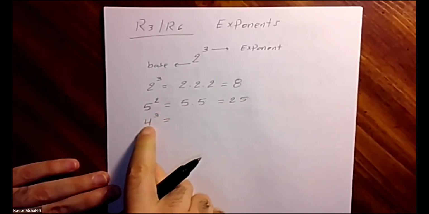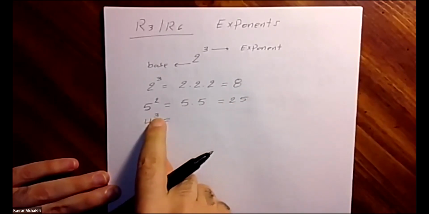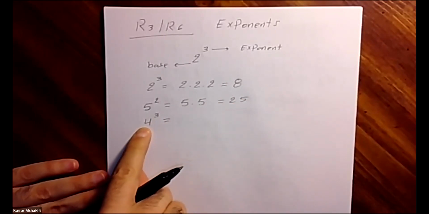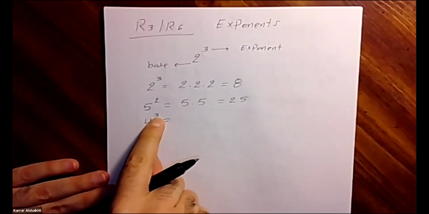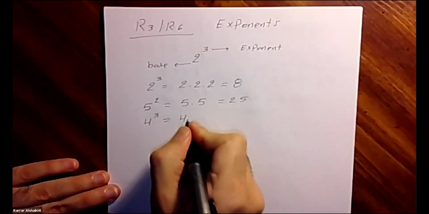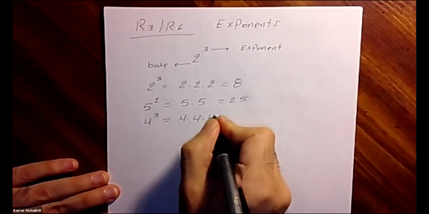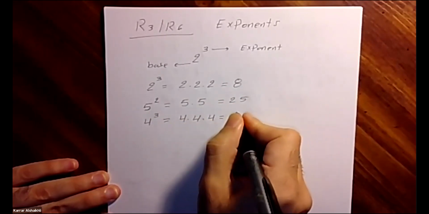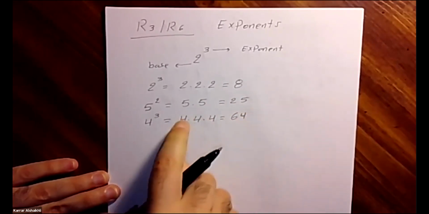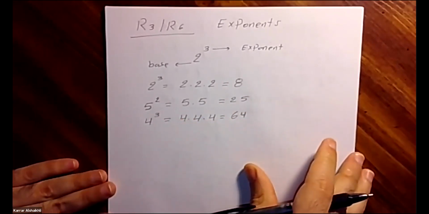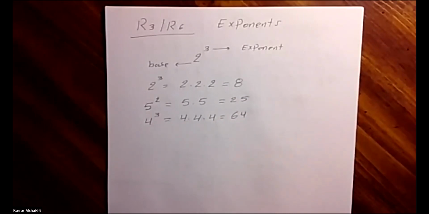You're not going to multiply these two numbers. It's going to be wrong because 4 times 3 is 12, which is wrong. That means the 4 multiplies by itself 3 times. So it's 4 times 4 times 4, which is 64, because 16 times 4 is 64. That's the main thing with the exponents.